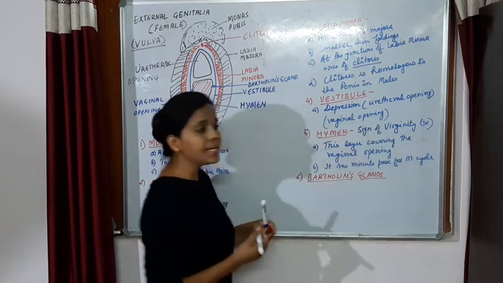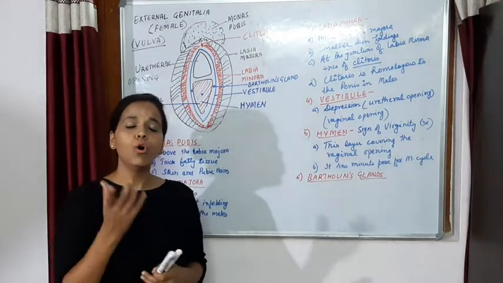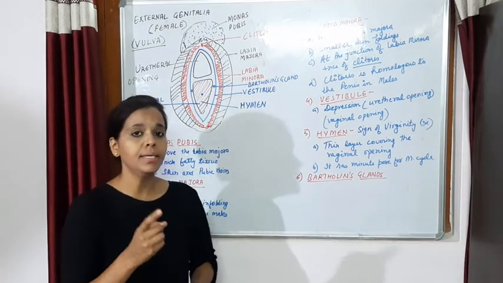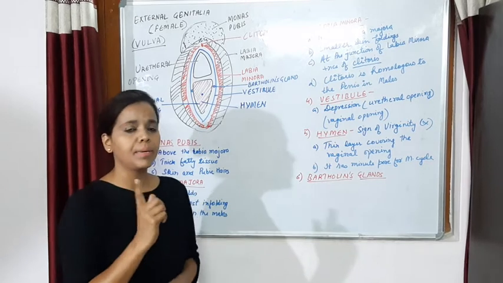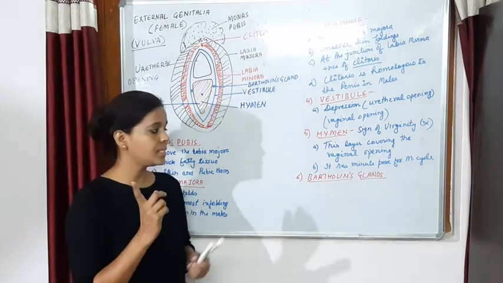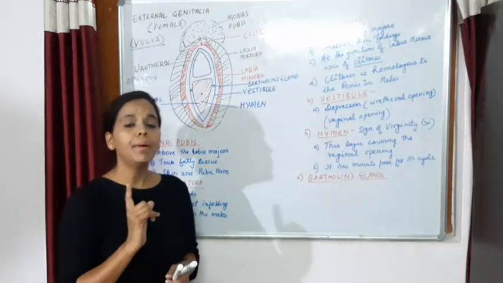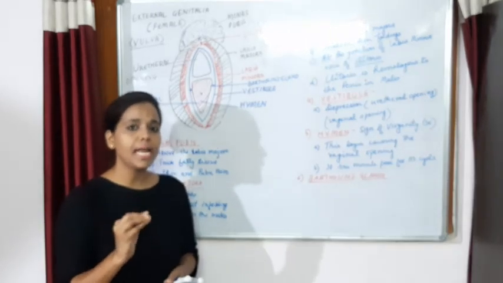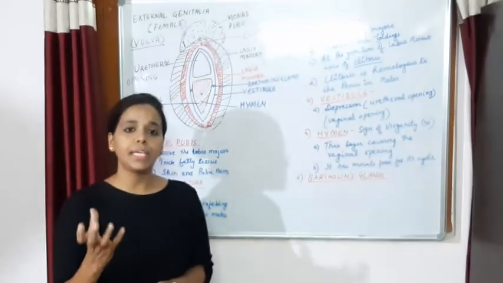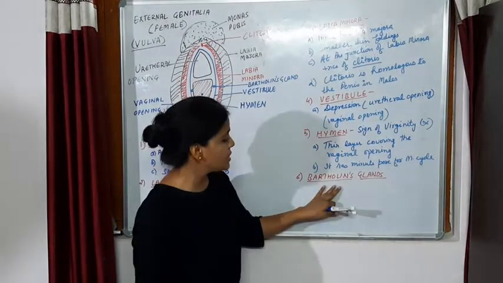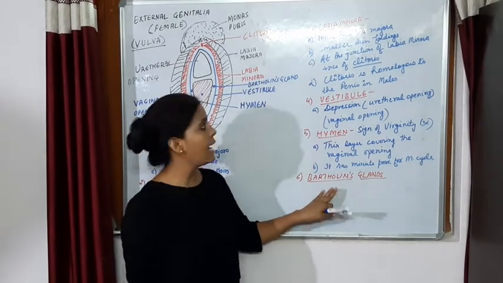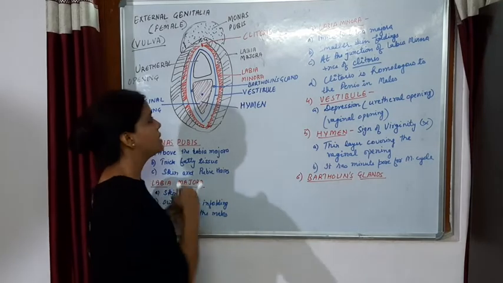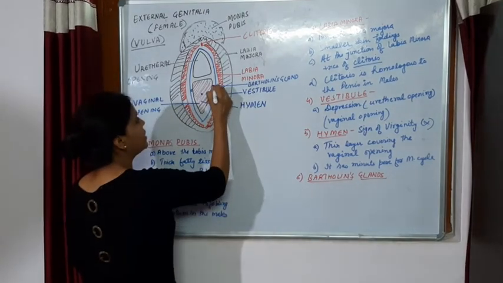Again, the Bartholin gland is homologous to the Cowper's gland, which we studied in the male reproductive system. The Cowper's gland and the bulbourethral gland are both the same. And what was the function of the bulbourethral gland? They help in lubrication, right? The similar function is done by the Bartholin gland in the female. These two rounded blue structures are the Bartholin glands.